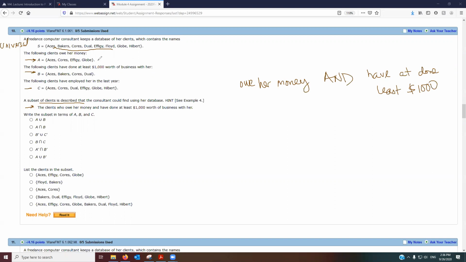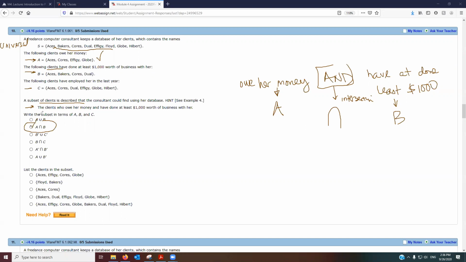The set of clients who owe her money, we call it set A. The set who have done at least $1,000 of business with her, that's set B. The word and means intersection. Intersection is this upside down U. So they're really asking me to find A intersection B.